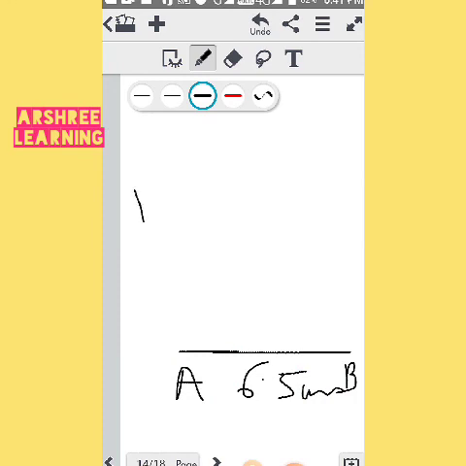The angle will be made here. This angle is 110 degree. Now from A you will measure another length because it is an isosceles triangle. So you have to make two lengths both of 6.5. So AB is already 6.5. So from A you will cut AC, which is also 6.5. And this point will become C.